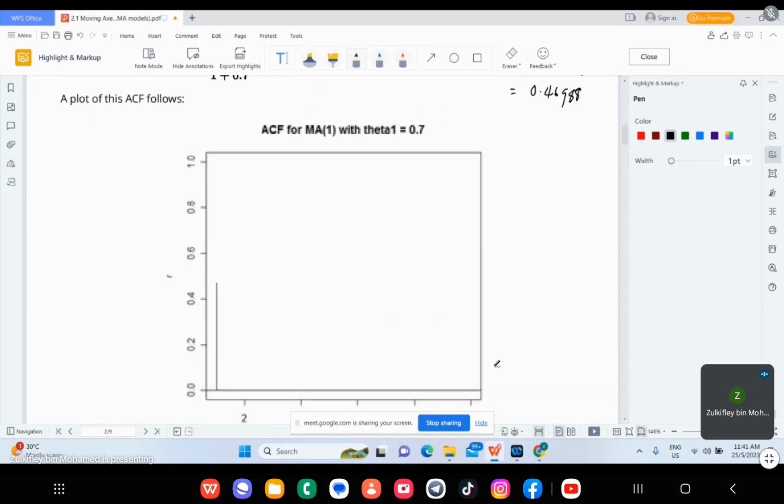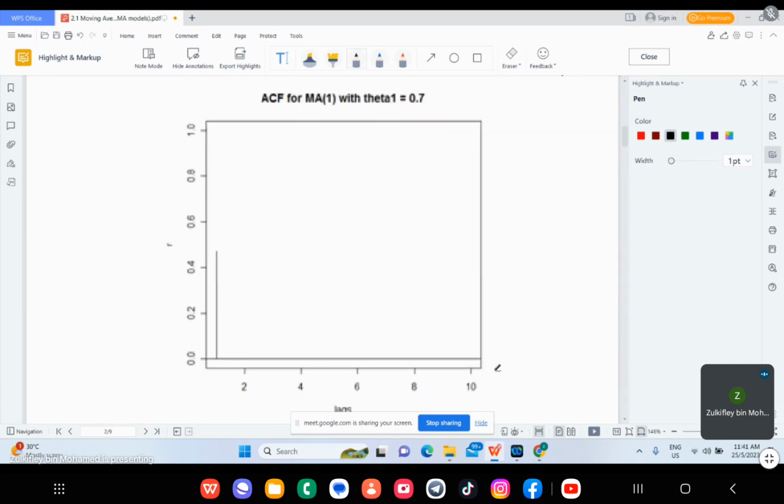Now, if you plot the ACF function here for MA1, you will have this type of graph.